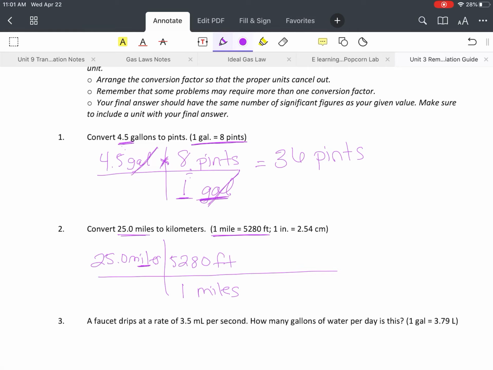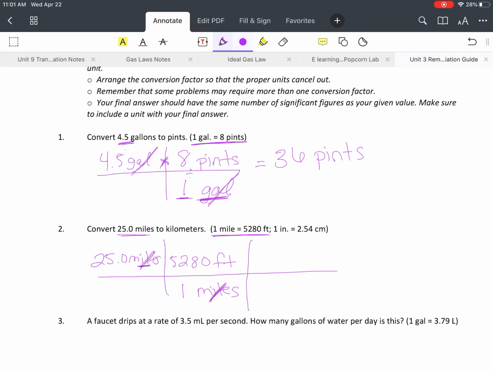Remember, this is like the cards that we use at the very beginning of the year where sometimes you had to flip them upside down or flip them different ways because all you were really trying to get was just to get these to cancel out. And your top and bottom always equal. So now I've got feet, but I'm trying to get to kilometers.